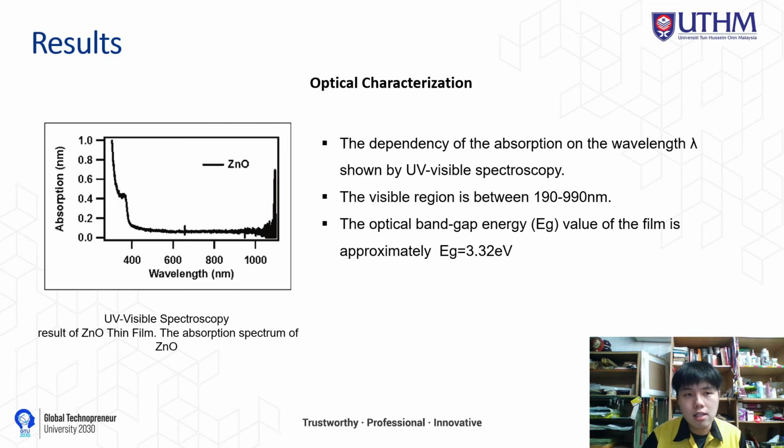Next is the result using UV-visible spectroscopy, and we can see the graph. This finds the absorption and wavelength for ZnO, showing the dependency of the absorption on the wavelength lambda by UV-visible spectroscopy, and the visible region is between 119 to 919 nanometers.